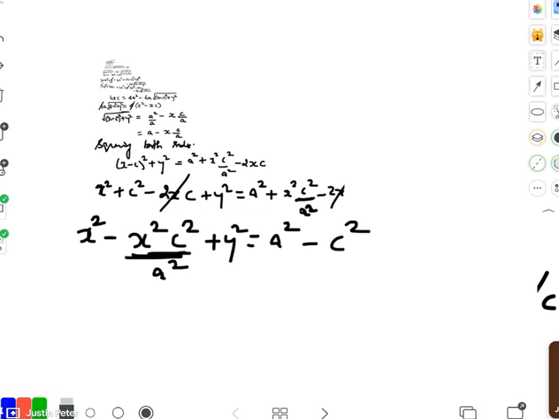Look, one of them is not tallying here. x square plus c square minus 2cx. If you take the LCM, what do you get here? a square x square minus x square c square plus a square y square, divided by a square.